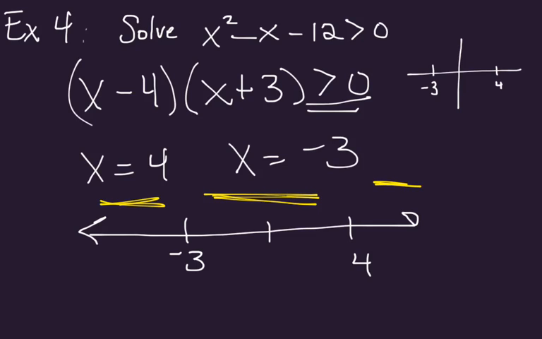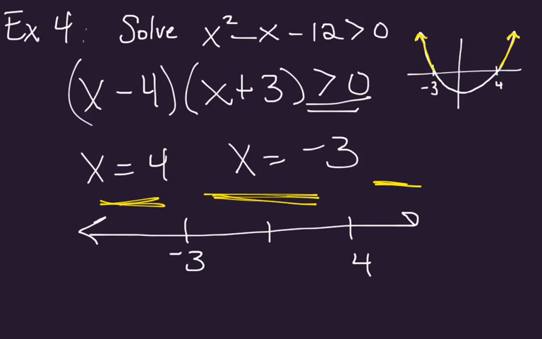So effectively, this is a very rough graph, and it's going to look like this. If I look at the graph, what's above 0? This part and this part. So my solution to this inequality is x is greater than 4 and less than negative 3. Graphically, that's what happens.